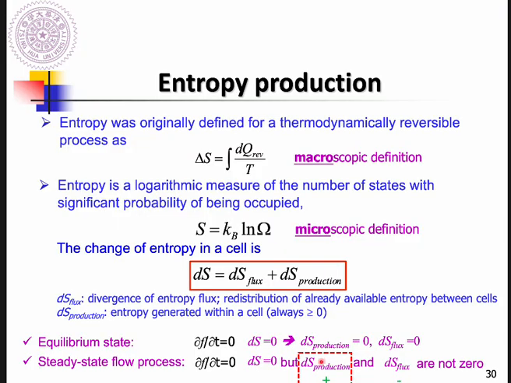So just remember that for the steady state flow process, the entropy production and also the flux do not equal 0.